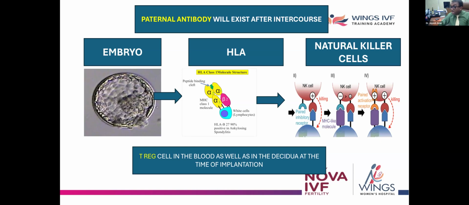Look at the last slide on the right, the image. Whenever you implant the embryo, on the surface HLA, that means the C receptor, will interact with the KIR, and this complex will give the message to the maternal immune system to activate the decidual natural killer cell. If they activate, they will go inside the endometrium.